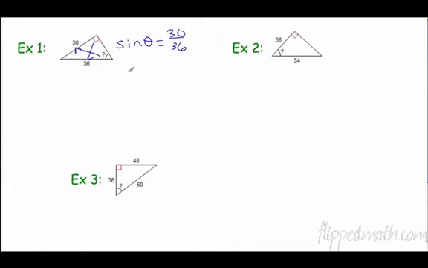So now I'm going to do inverse sine of sine theta equals inverse sine of 30 over 36. If you don't want to write this over here, you can just write theta equals that, totally cool. I'll probably do that the rest of the way as well.